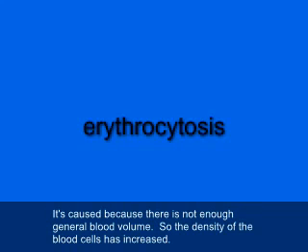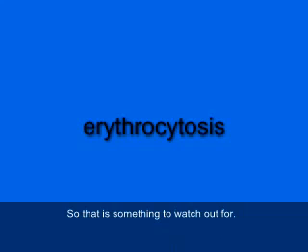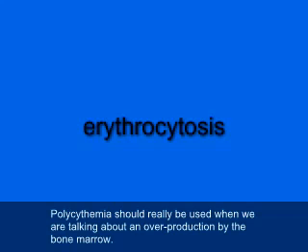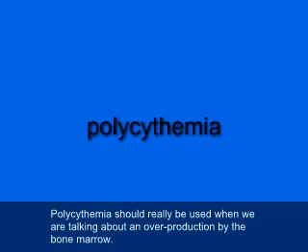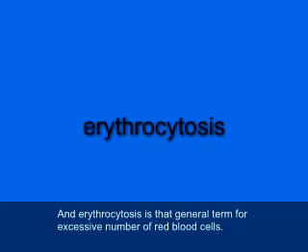It's caused because there's not enough general blood volume. So it's like the density of the blood cells has increased. So that's something to watch out for. Polycythemia really should be used when we're talking about an overproduction by the bone marrow. And erythrocytosis is that general term for excessive number of red blood cells.